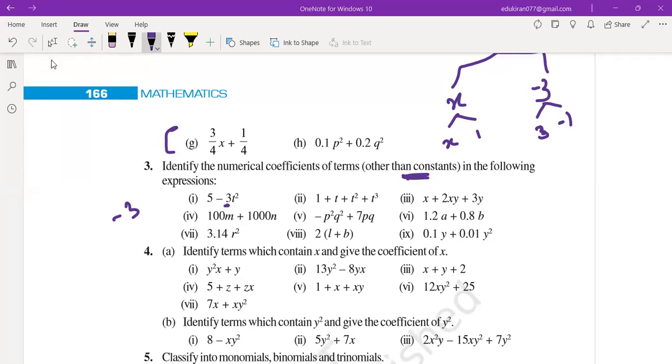Okay. So the fourth one we should write both. Yeah, both. Now, first, should we mention the terms, then write the numerical coefficients? Yes, that will be easy for you, na? So that I can also get to know for which term you are writing the coefficient. Okay, ma'am.